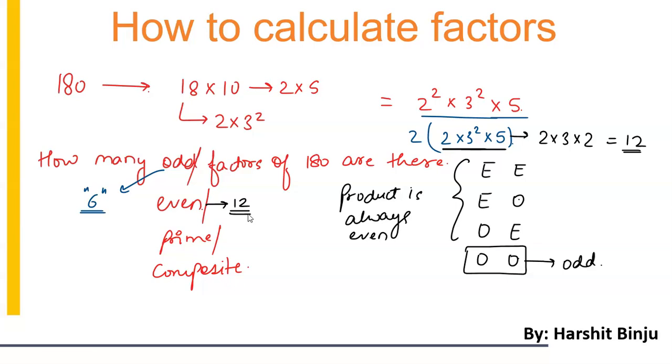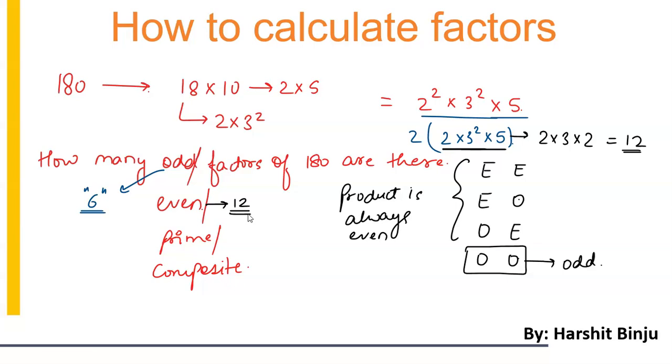So you can do it as total minus odd, or if you want to calculate odd, you can also do total minus even. Whichever way you're comfortable, please go ahead with that. I find calculating odd easier because you just have to take the odd factors into consideration with their power. Otherwise it's completely your call, it doesn't really matter.